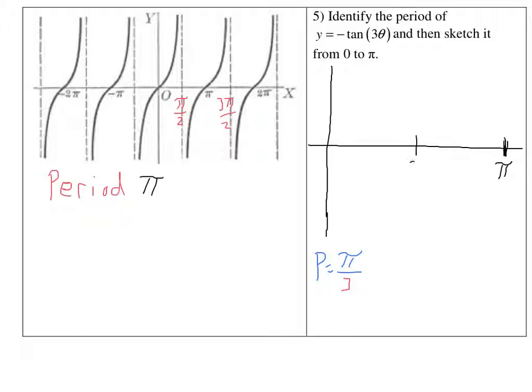That's pi over 2. I want pi over 6. So can I break this up into thirds here? Is that going to be pi over 6? So half of pi over 3 is pi over 6. Half of pi was pi over 2. So what I'm going to do here is graph an asymptote at pi over 6.